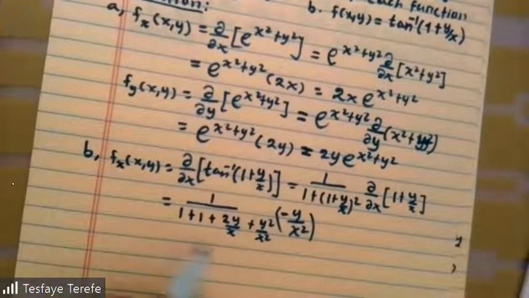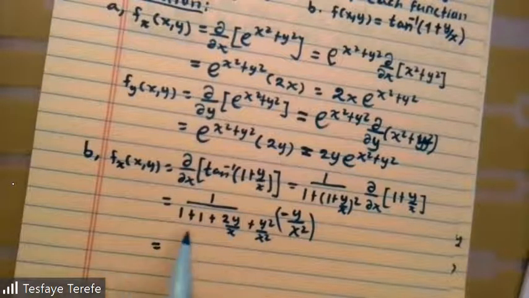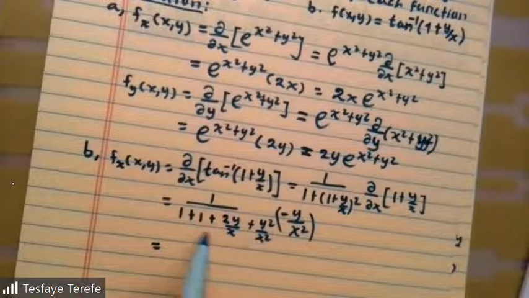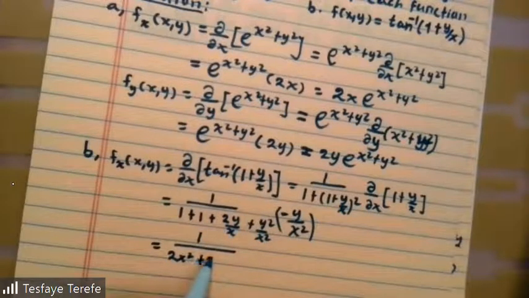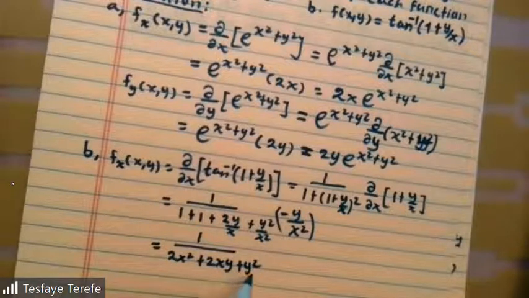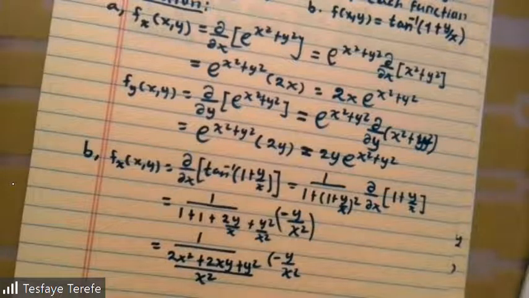Okay. Now, let us really make it compact. This is 2, and the least common denominator is going to be x squared. So I'm going to write it as 1 over (2x squared plus 2xy plus y squared) over x squared, times negative y over x squared.